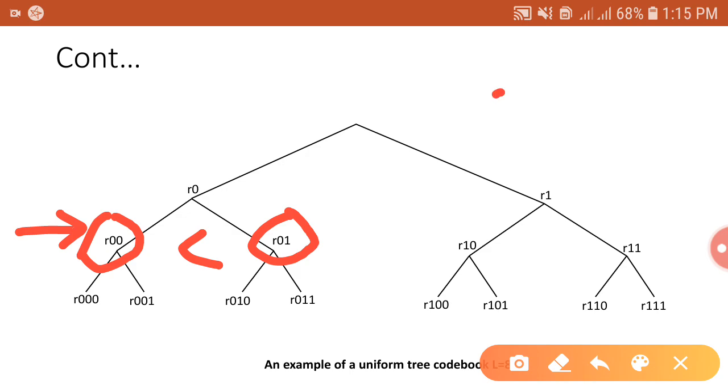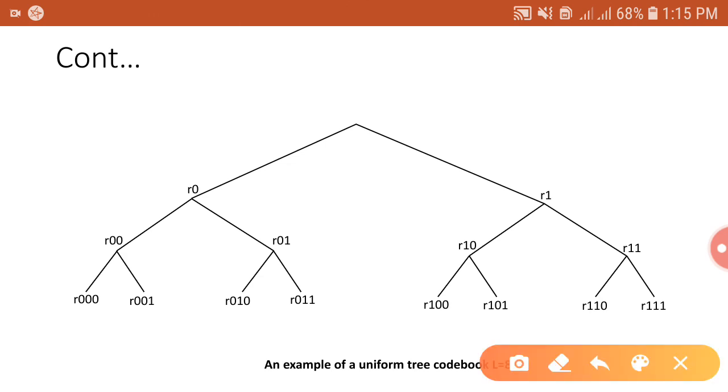So 0 will be sent as a part of the code word for the input vector X. Now consider the next level. Here the distortion is measured for X with the two code vectors R000 and R001 because we have selected R00 at the second level.